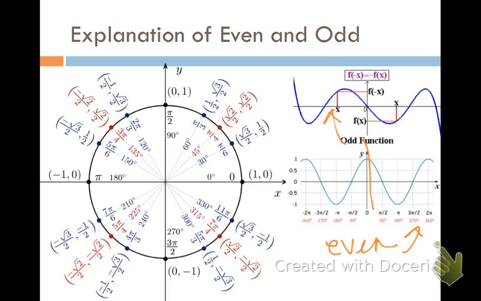We can also see this on the unit circle. If I look at, let's take 60 degrees here. The sine of 60 degrees is root 3 over 2. If I go down to negative 60 degrees, then that same sine value also became negative.